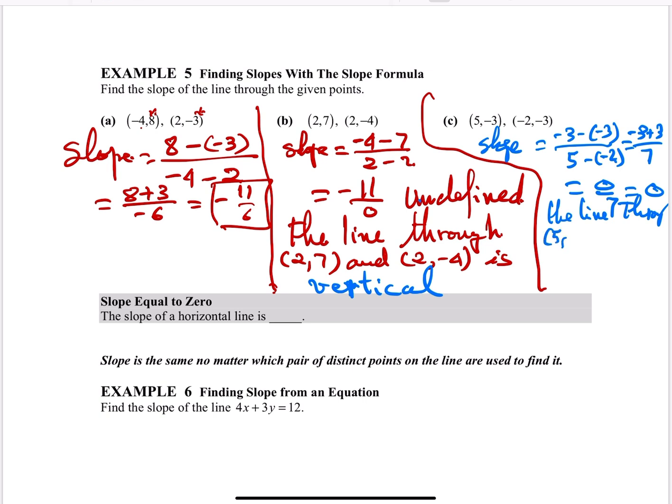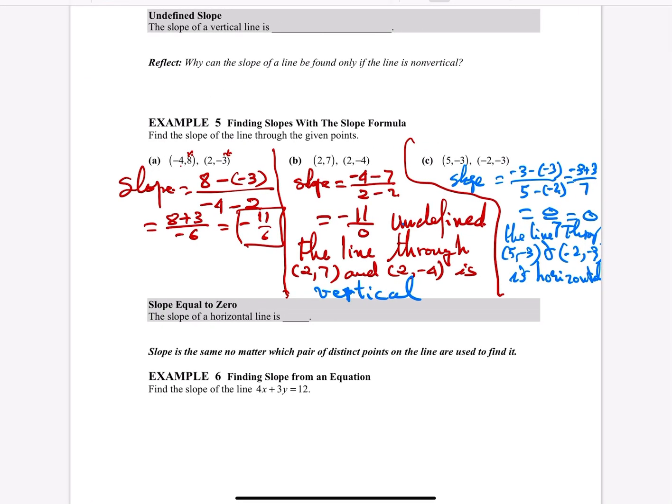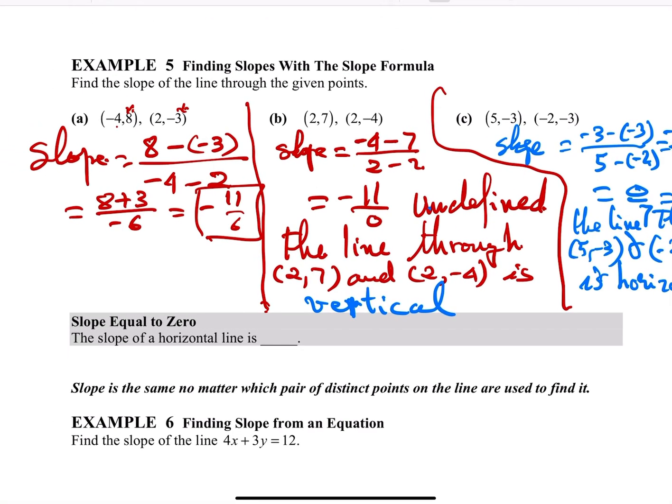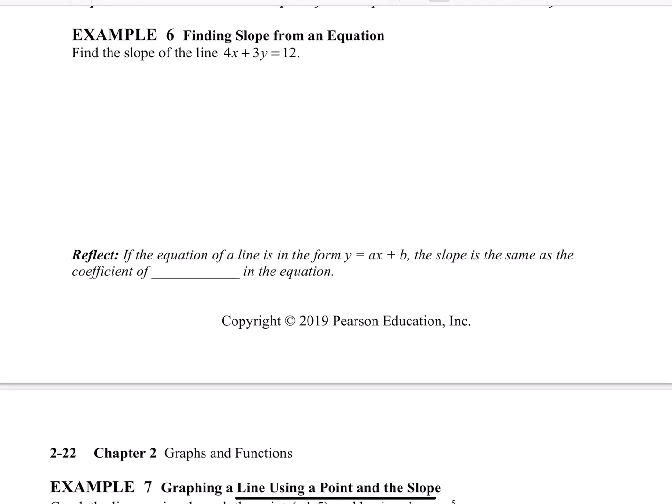You have 5 and -3, and -2 and -3 is horizontal. Okay, you can tell easily it's horizontal, of course. Good. Let's move on. Now, find the slope of this one.